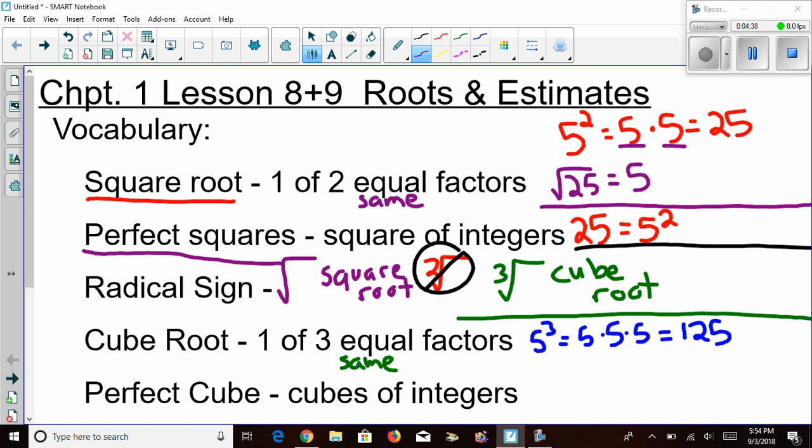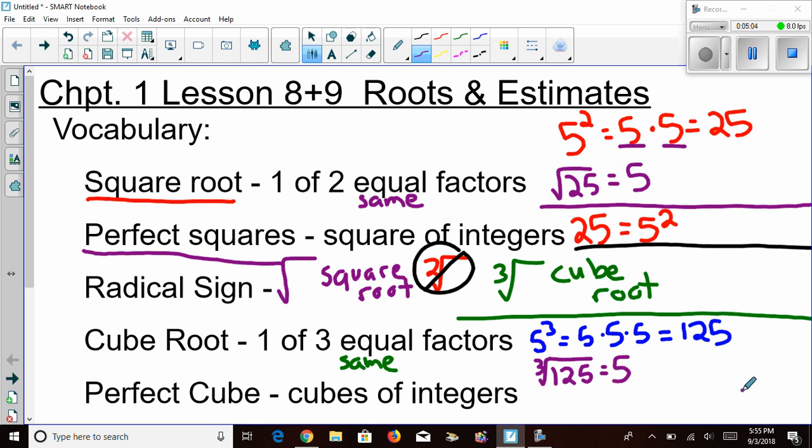If I go back and say I want to know the cube root of 125, I can look back at its factors, 5 times 5 times 5. These are 3 of the same factors, so I just need one of them to state my answer of 5.